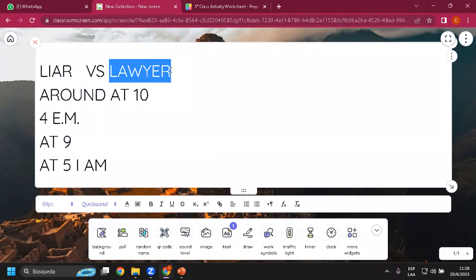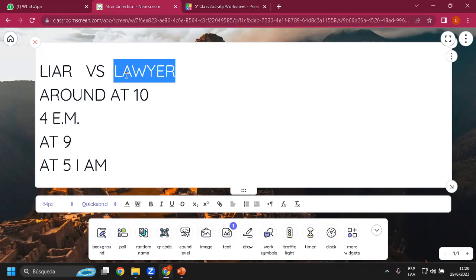That sounds more like an O, right? Lawyer. And what is a lawyer? Sometimes somebody doesn't say the truth, but the difference is that they have a degree, right? This is the person that is going to help you when you have a legal problem, okay? So liar, lawyer. That is a difference.